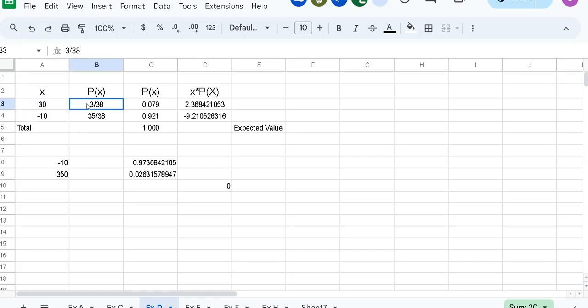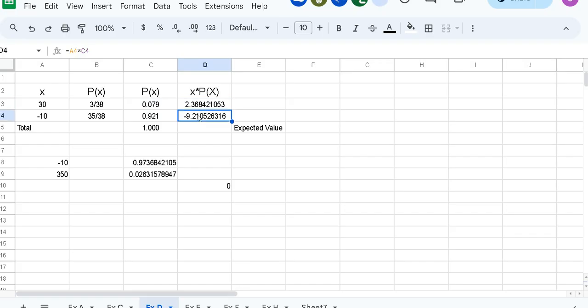Now I showed you the probabilities in terms of fractions, but realistically, Google Sheets is not going to really like it if you use these fractions, so I put them in as decimals. Now let's calculate x times p of x, which I did here for you.